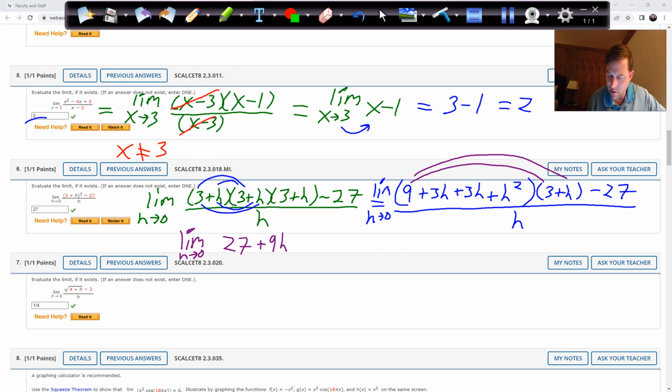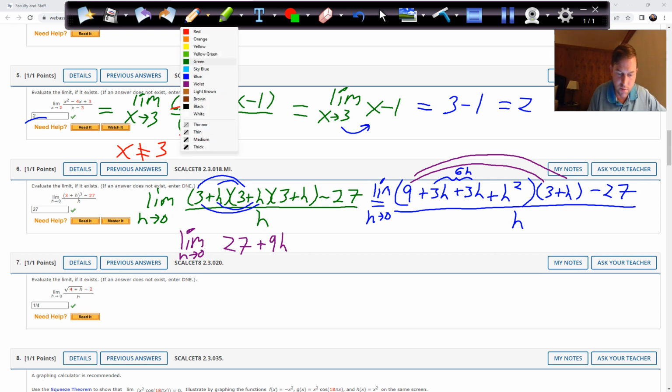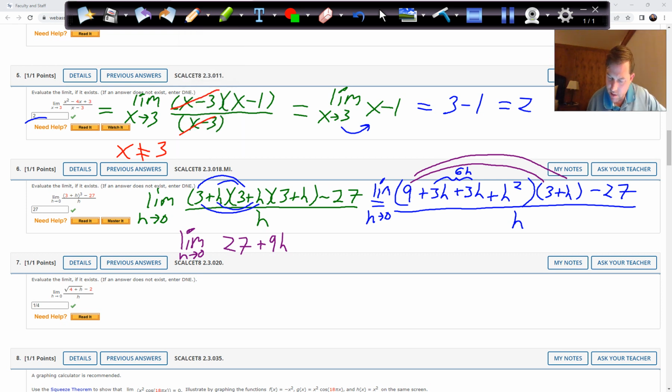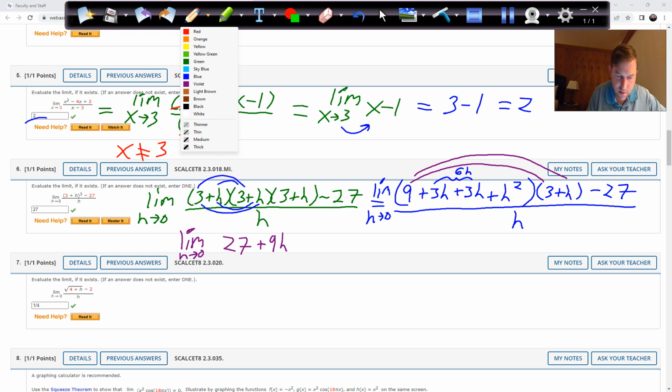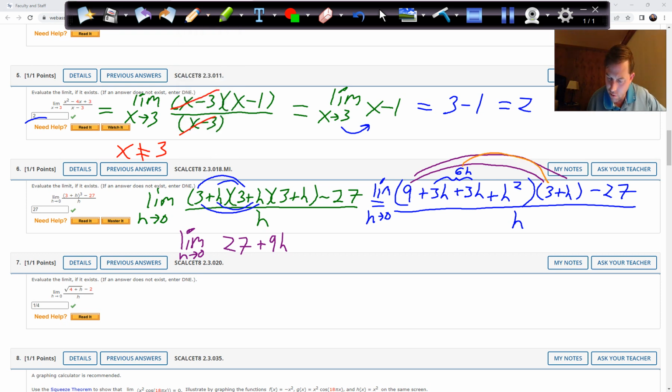So before I do this, let's not make way more terms than I should. This is 6h. So let's just work from that. So this is going to be 6h times 3, so plus 18h. Then 6h times h would be plus 6h squared.